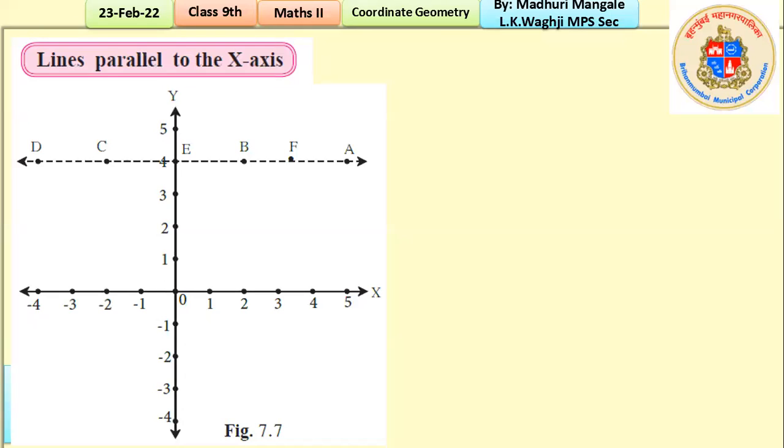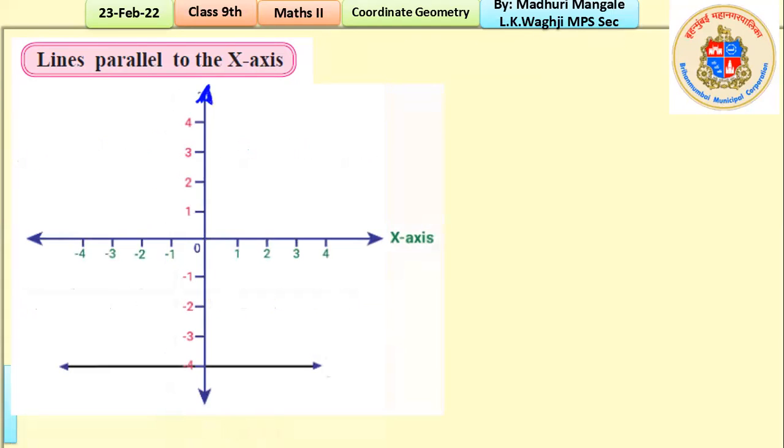Notice this line DA is parallel to the x-axis, but which point is it passing through? It is passing through 4. So the equation will be y equals 4 because it's passing through the point on the y-axis. So the equation is y equals 4.